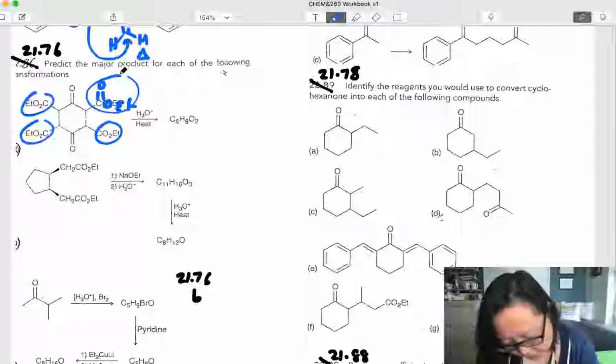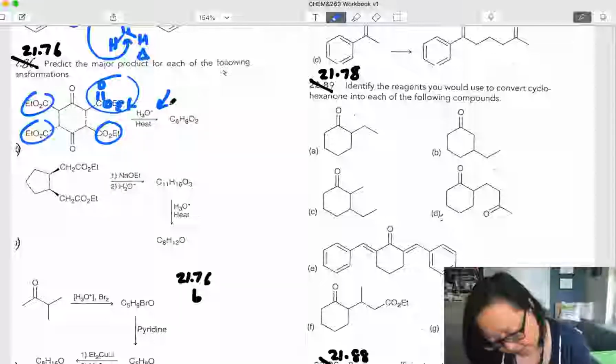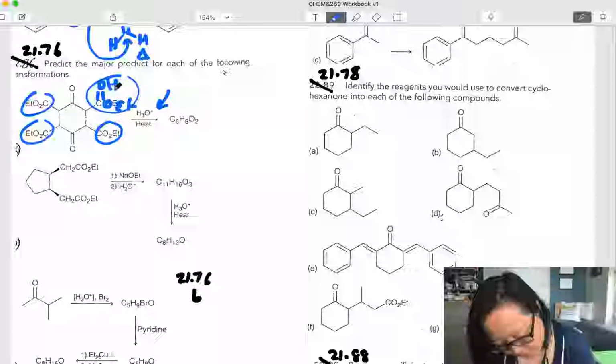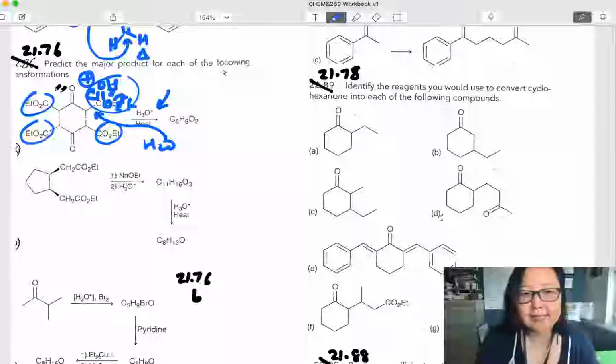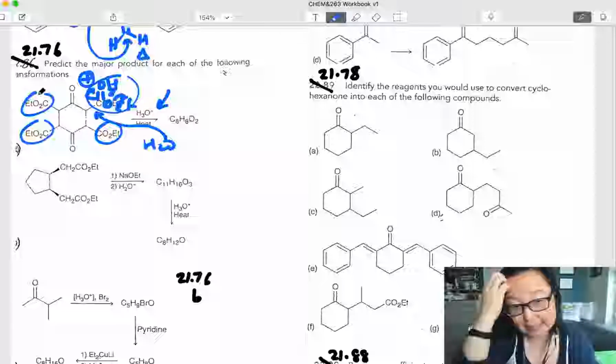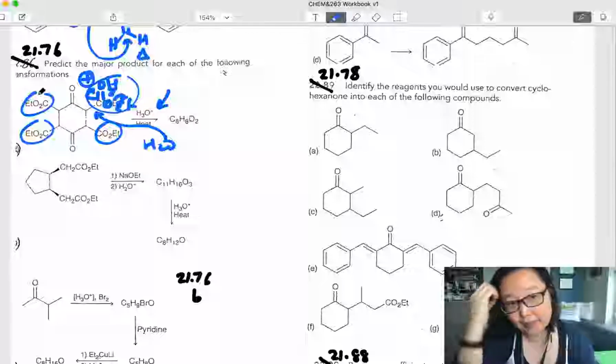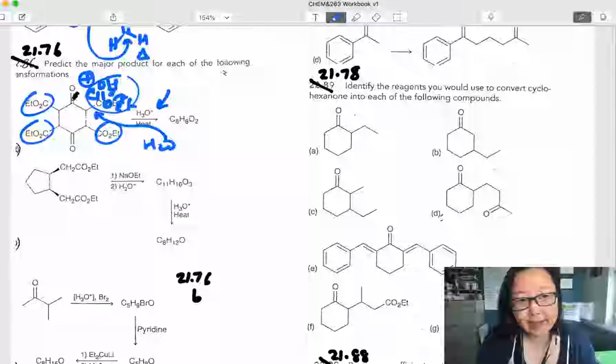And we know that through acid, these get protonated and then water comes in and it replaces these ethoxy groups. So I'm going to end up with carboxylic acids in here, here, here, and here. 4 carboxylic acids. Then with heat, we know that because they have access to these carbonyl groups, that these could get decarboxylated, and these could get decarboxylated.